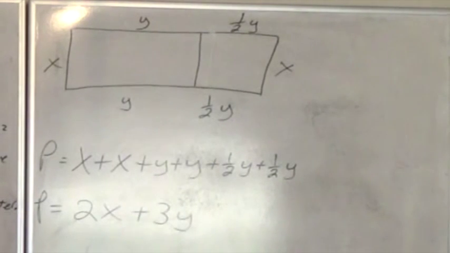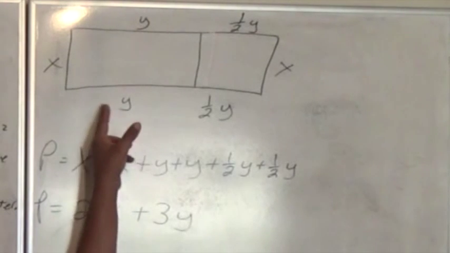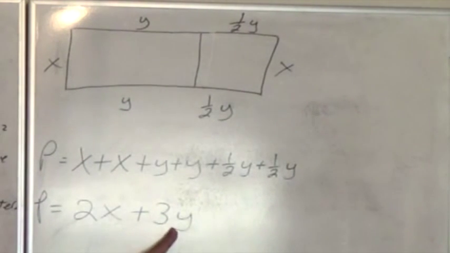So the perimeter can be found by multiplying this side by 2 and this Y right here by 3.